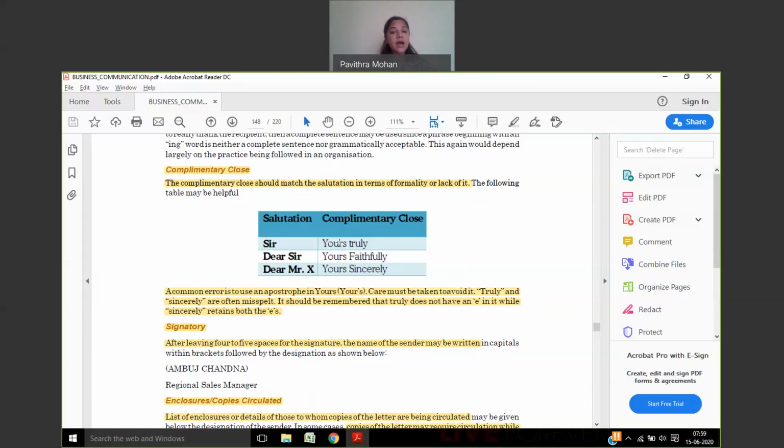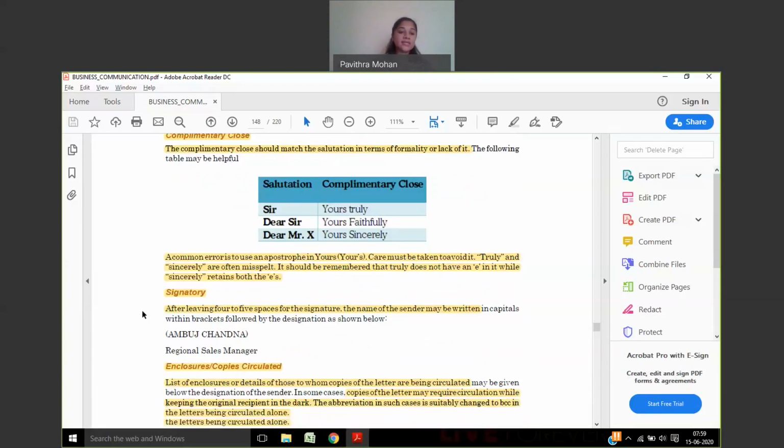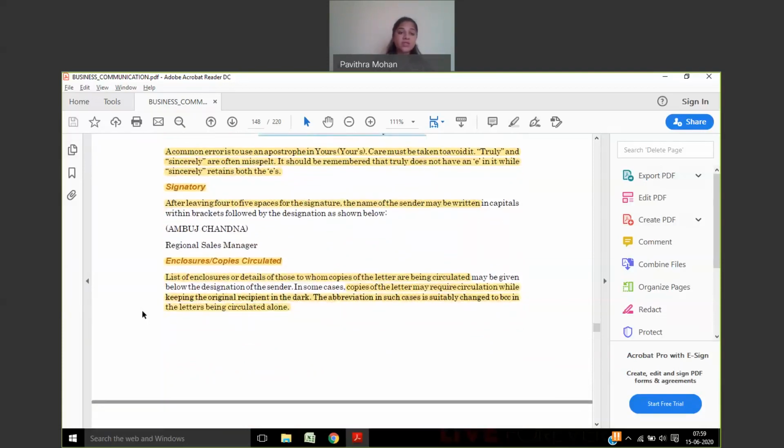Here, in yours you're not going to write it as your apostrophe s. The apostrophe is not generally required, you can remove that. And in truly, you can remove the extra E, TRUELY is not required, you can just write TRULY. After this we go with the signatory. Whoever has drafted this letter can sign it.